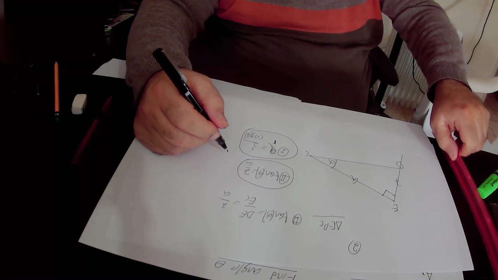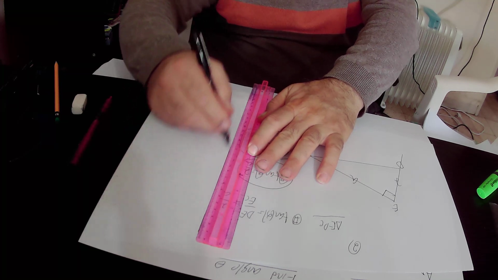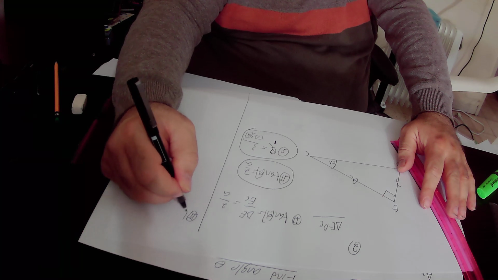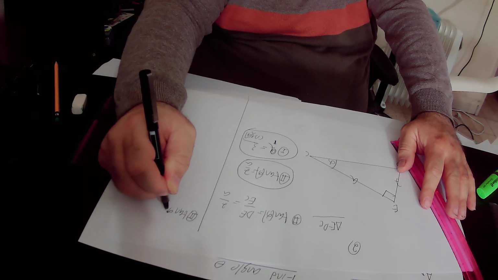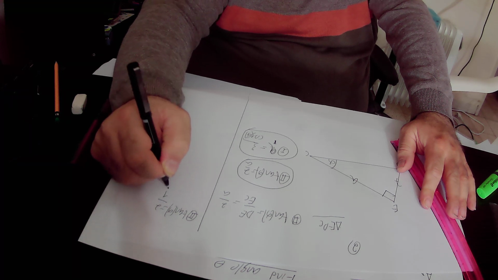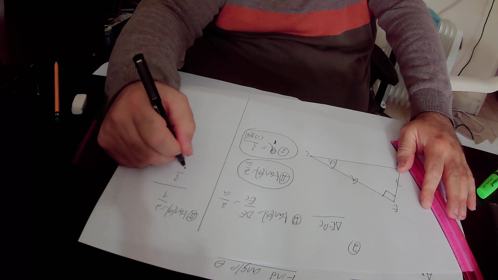So we'll do it now, and we get that according to equation number 2, tangent alpha equals 2 over A, but A according to equation number 1 equals 3 over cosine alpha.